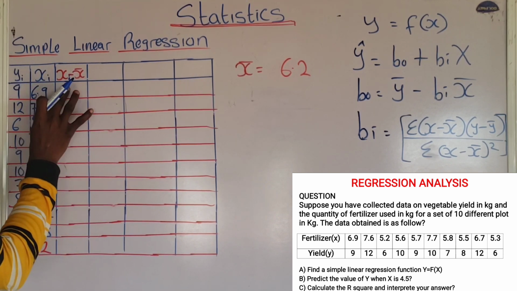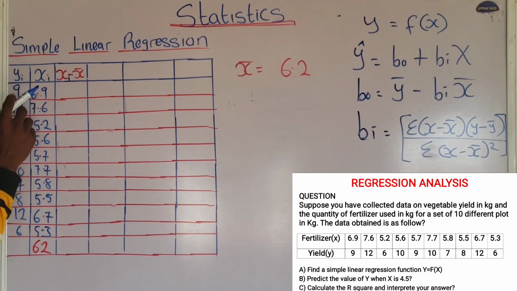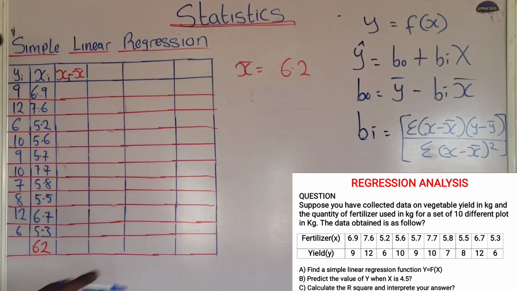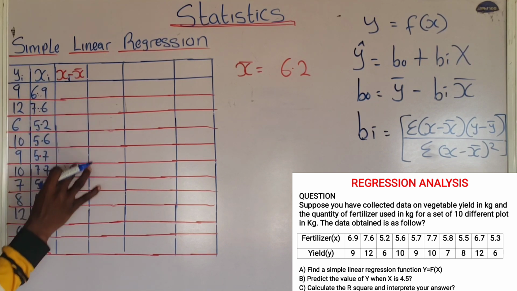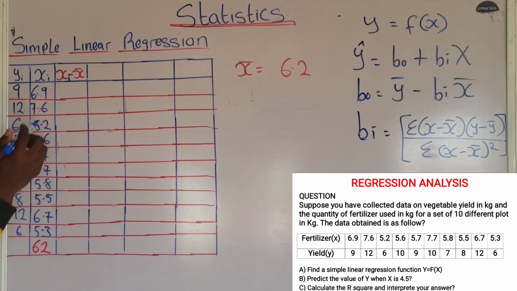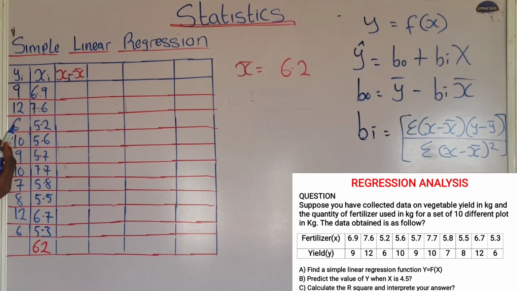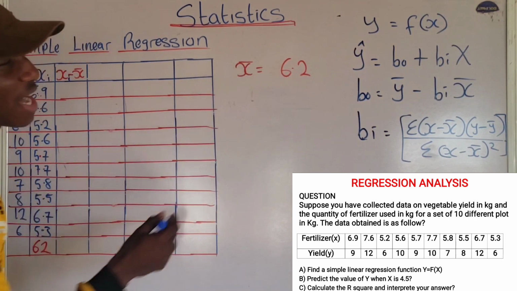So for these cells, that will be 6.9, which is the corresponding x for these cells, minus 6.2. Do you understand? Listen to the explanation again. What I want to determine now is the value of all these cells, the value of this column, and the column says the difference between x and x bar. Are you paying attention? I've already gotten the value of my x bar as 6.2.